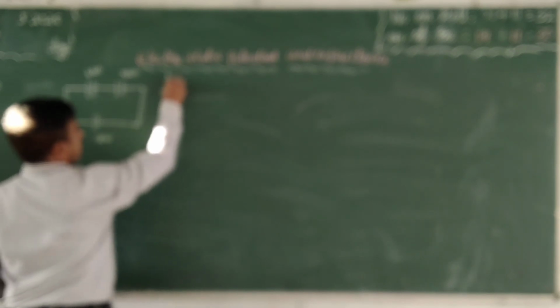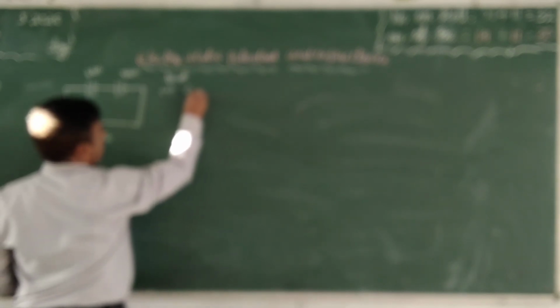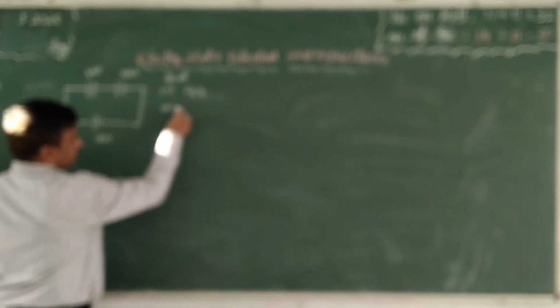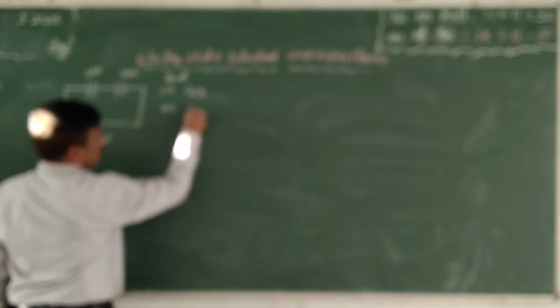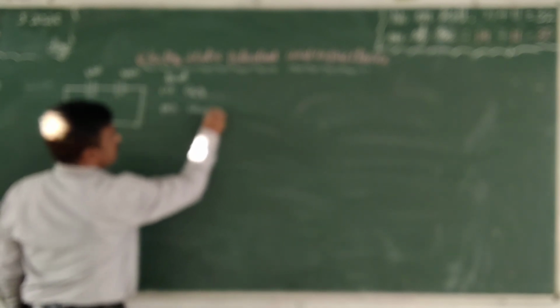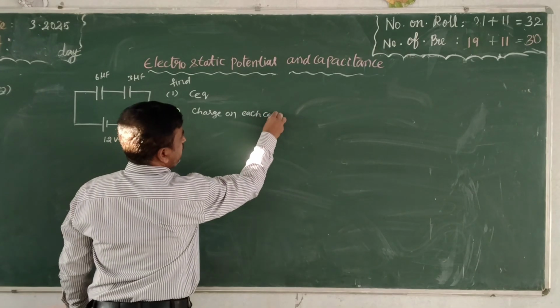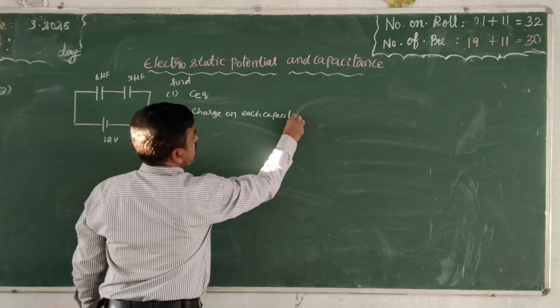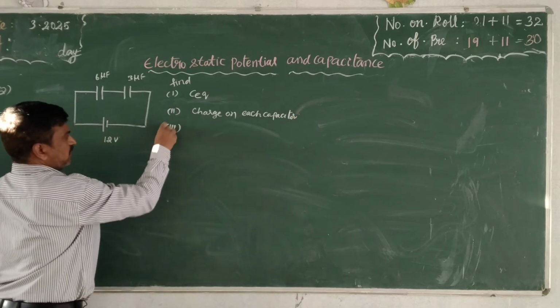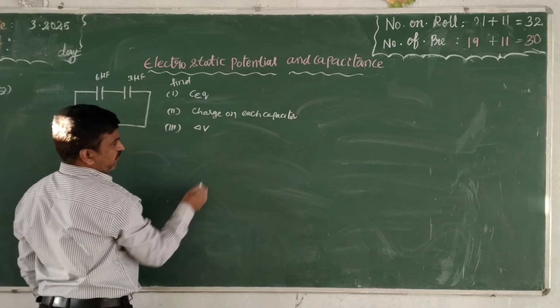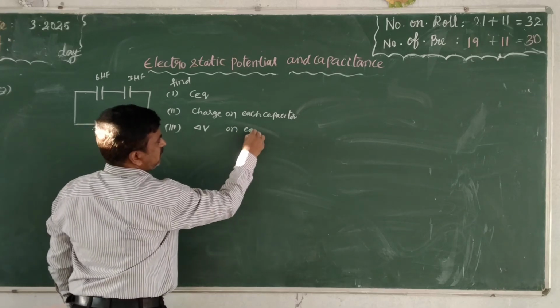What do we want to find out now? First, find the equivalent capacitance, C equivalent. Second, find the charge on each capacitor. Third, find the potential difference on each capacitor.